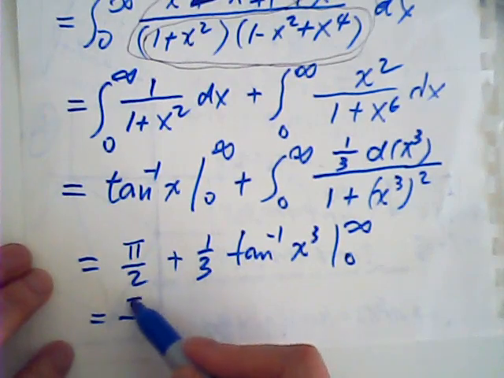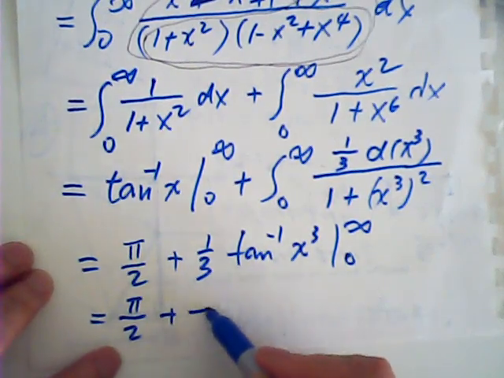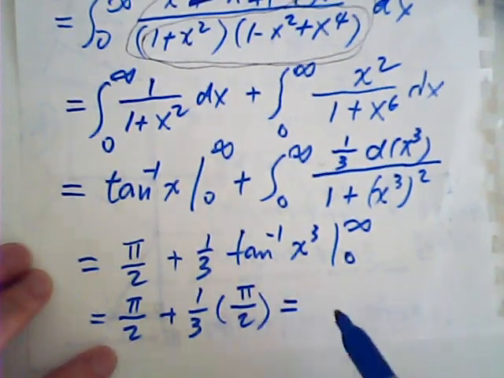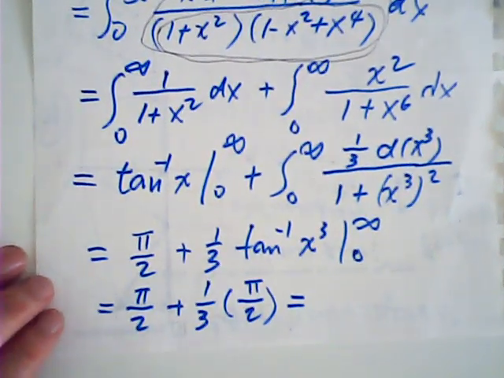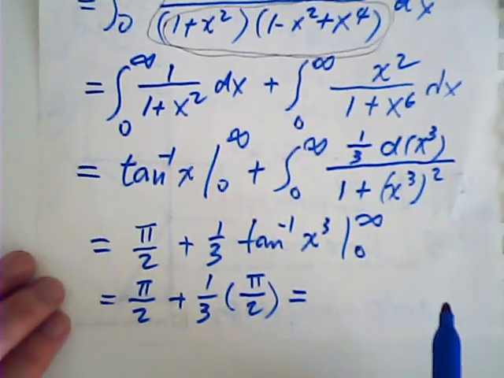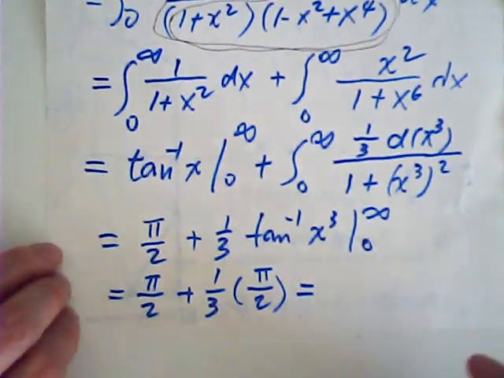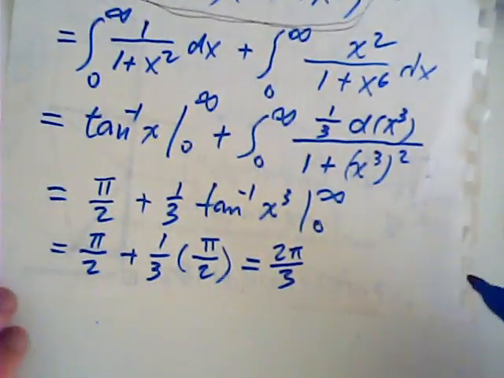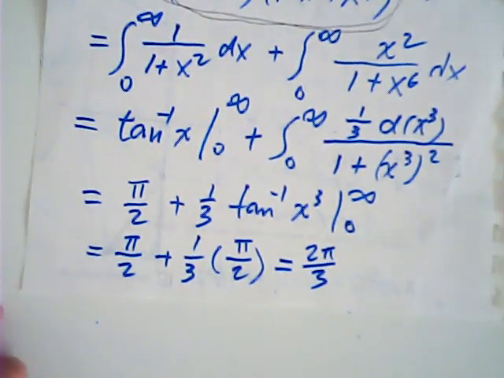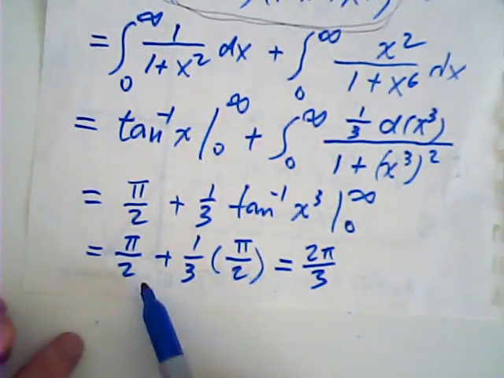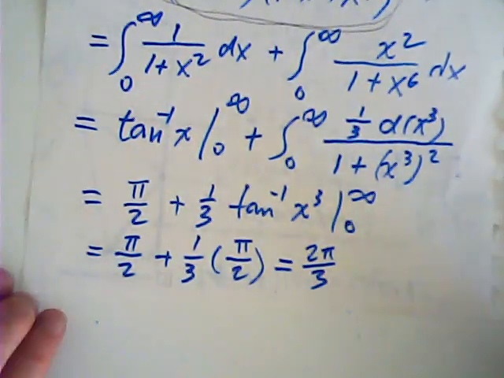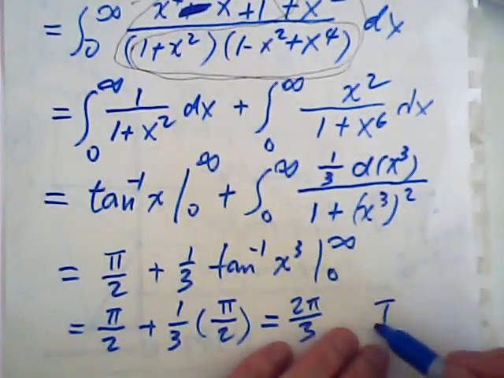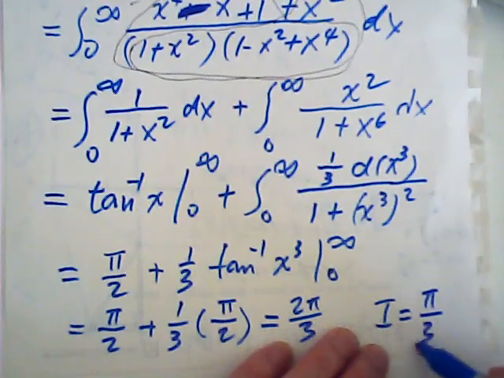So this is half pi plus 1/3 half pi, so that would be 2 pi over 3. Okay, now this is 2I. Therefore, my I is equal to pi over 3.